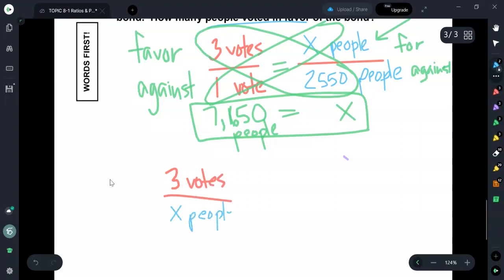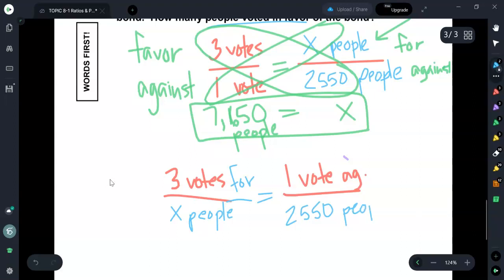Because remember, we're talking about on this side, 3 votes for was how many people? If 1 vote against was 2,550 people. And I could have cross-multiplied these again and get the same answer.